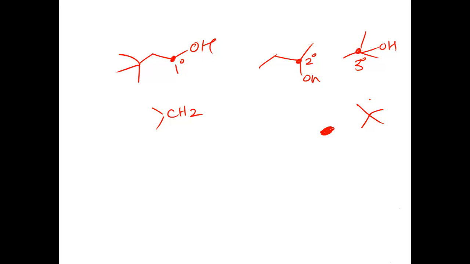So let's take one compound now, which has another functional group like that. It has a carboxylic acid, and also has an alcohol. So we will call it a carboxylic acid.